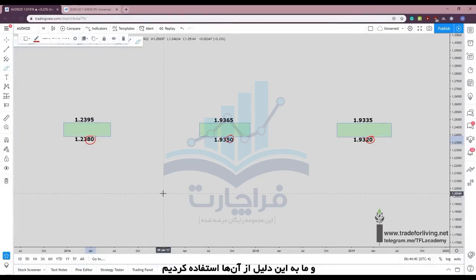Anyway, the reason we use them is because big hedge funds and firms that trade with high frequency algorithms, called HFT, use these areas to scalp the market. They put billions in the market at these very specific price levels, and you will see how accurate they are in the market.